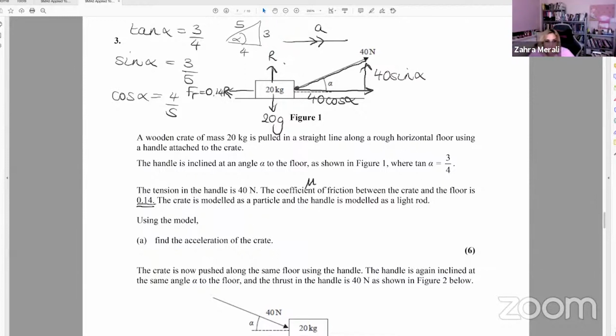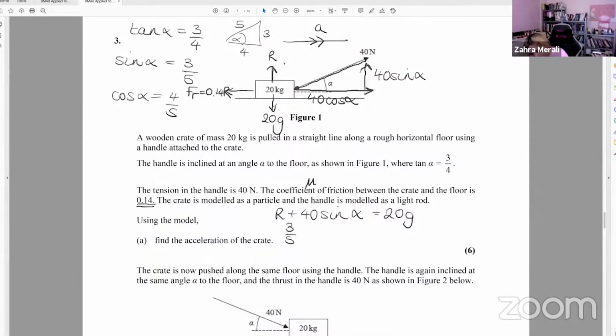So we find the acceleration in the crate. Before we start, we're going to do up equals down. So first we do the bit where it's not moving, so where acceleration is 0. So up equals down, so R plus 40 sine alpha equals 20g. But sine alpha is 3/5.